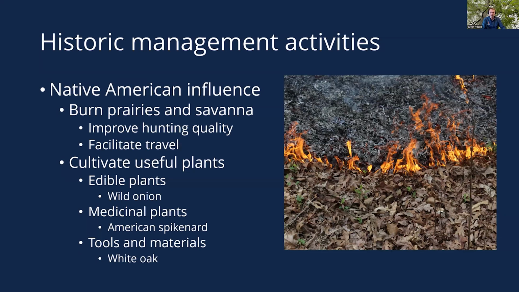They also definitely cultivated useful plants within these systems, including edible plants like wild onion, medicinal plants, and plants that they may have used for tools and other building materials. And so we definitely need to acknowledge the presence of these native peoples on the landscape and their part in managing what we might consider a reference system.